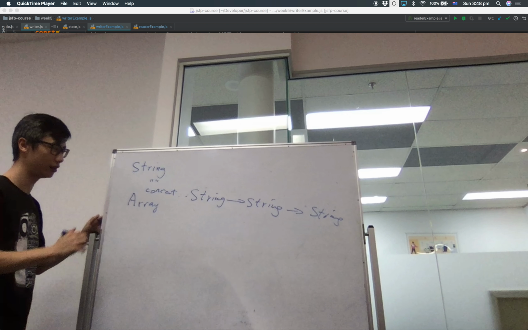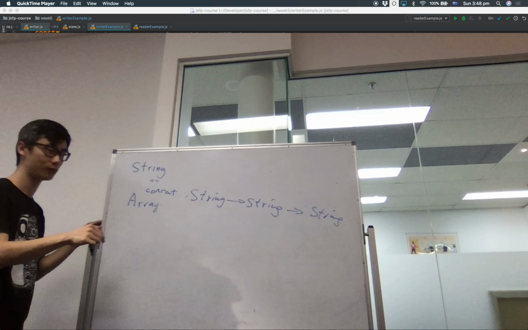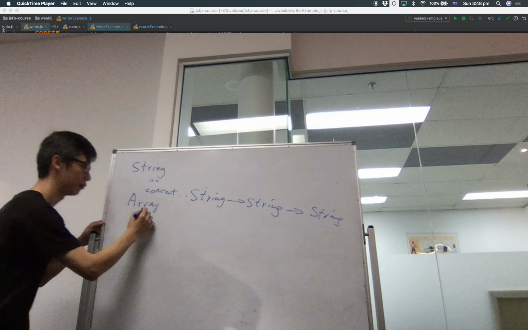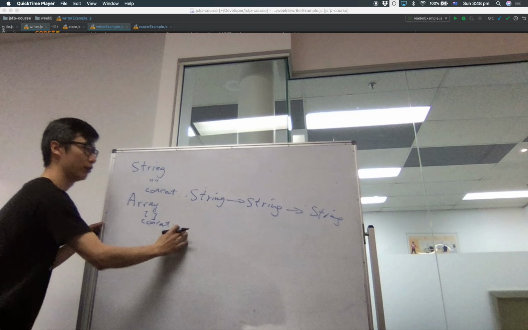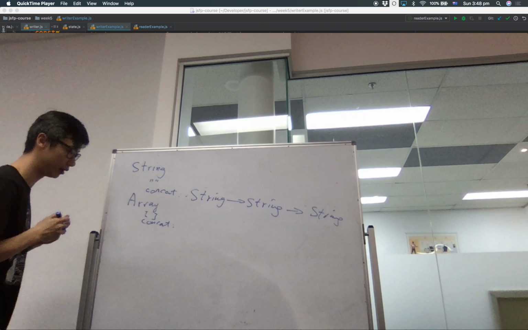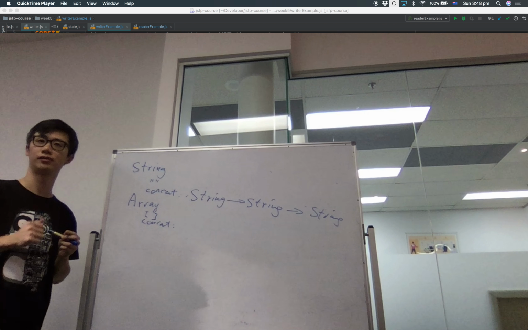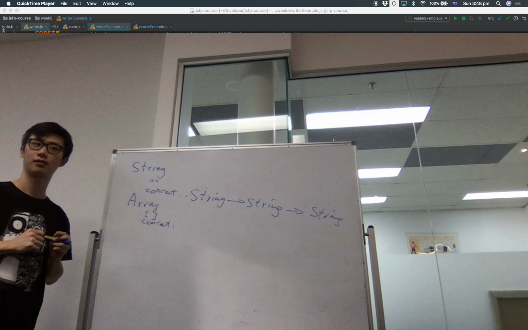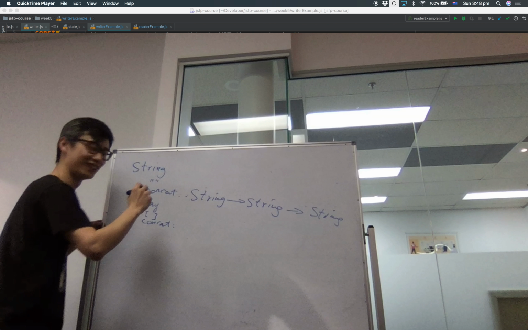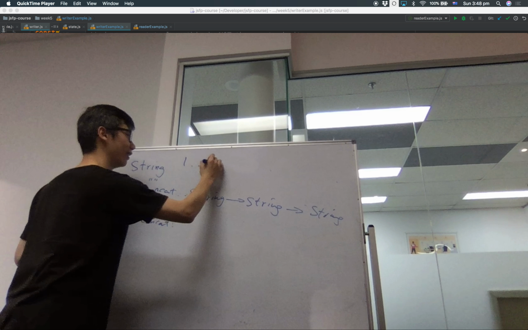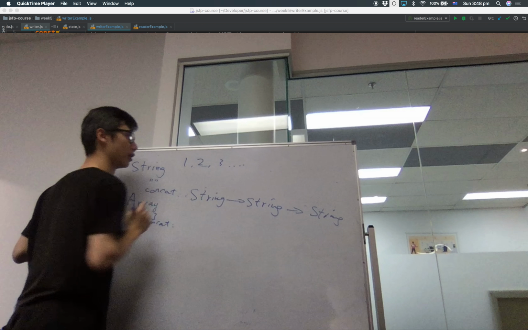Array makes it a monoid too. Array is a monoid. What's the empty value there? Empty array. It has a concat on it, which is array. Natural number, is natural number starting from 0 or 1? 1. Okay. Natural number is a monoid.